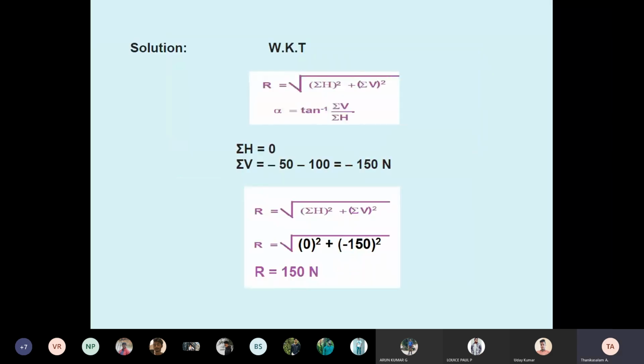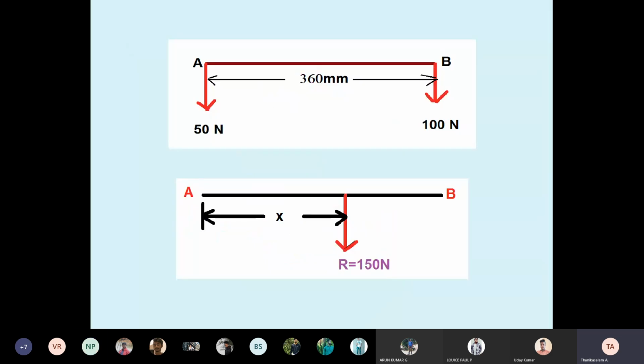H equals summation H, 0. Summation V, 150 Newton. So the resultant definitely goes where? Vertical downward, no. That's why I told you. Suppose in our graph XY you are locating X is 0, Y minus 3. Which direction do you locate in the graph? Downwards along the y-axis, no? So vertical downward. They asked in the problem where the resultant is acting along the rod, so I located from A the resultant action x.